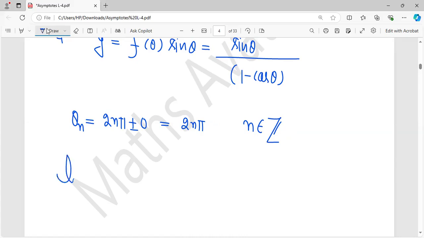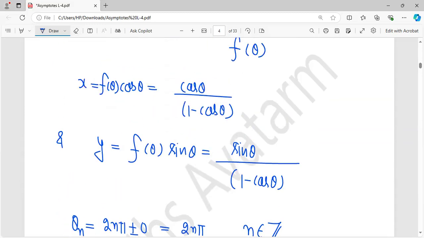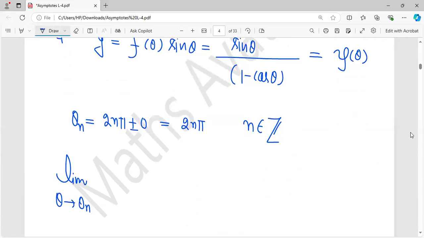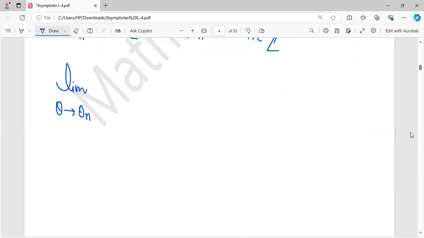Now, what is the limit as theta tends to theta n? What is phi theta here? Phi theta is nothing but this, and this is psi theta.